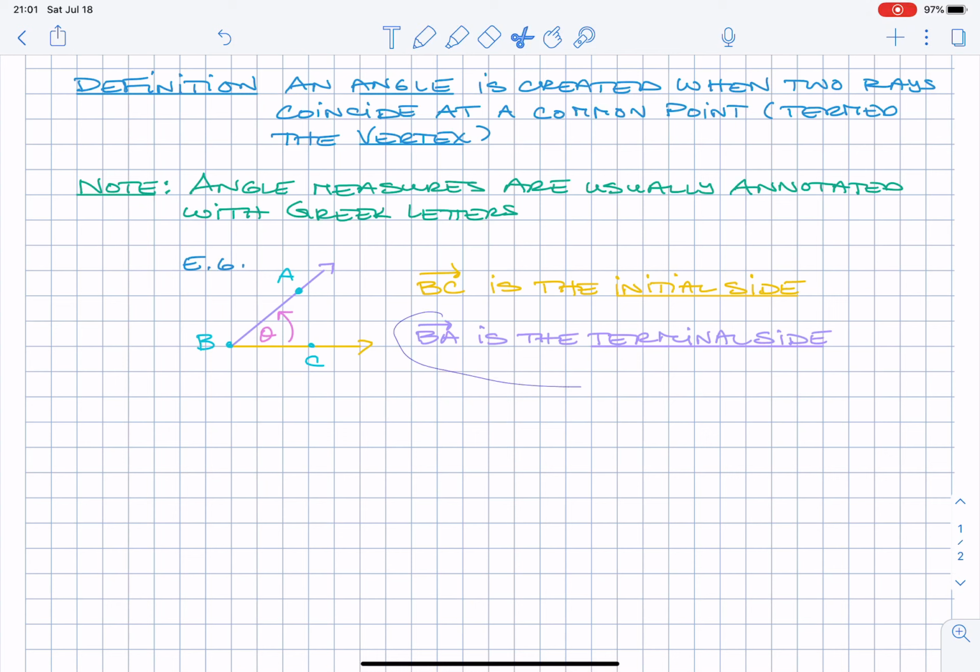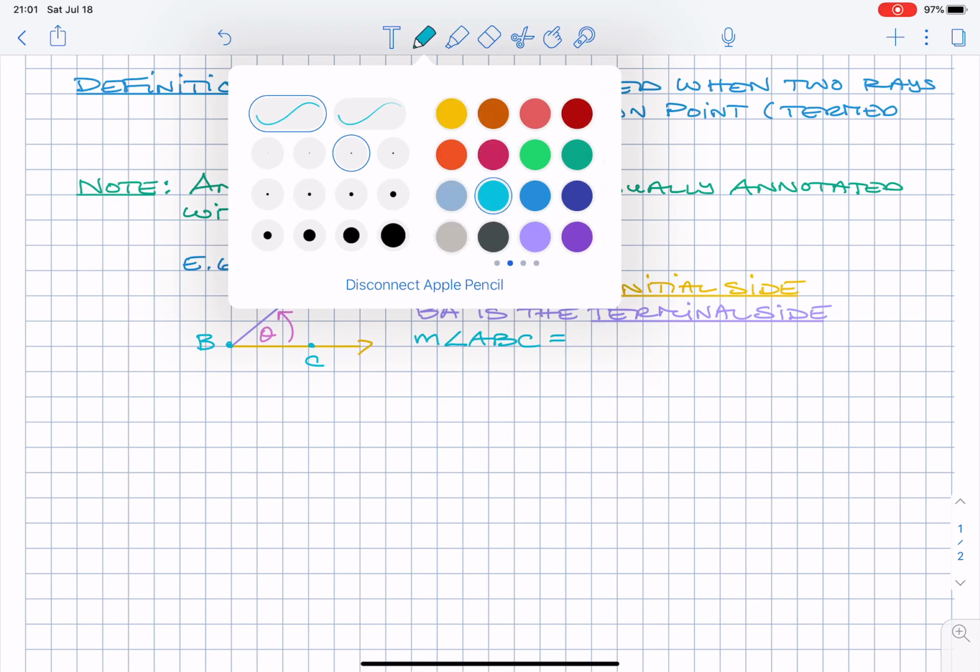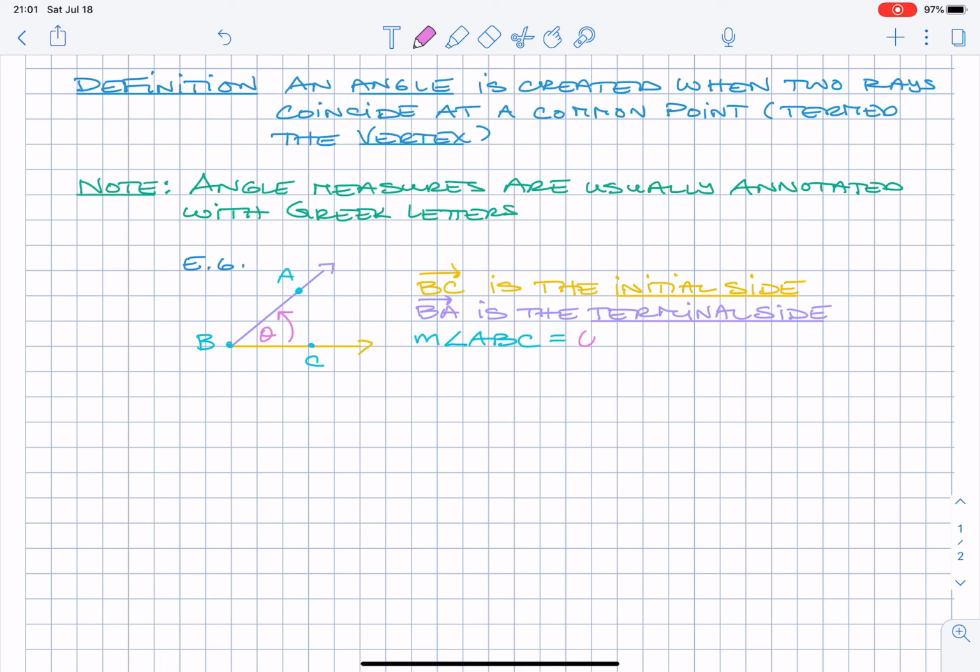Let me move this up a space. We say the measure of angle ABC is theta, meaning its numeric value is the Greek letter theta.